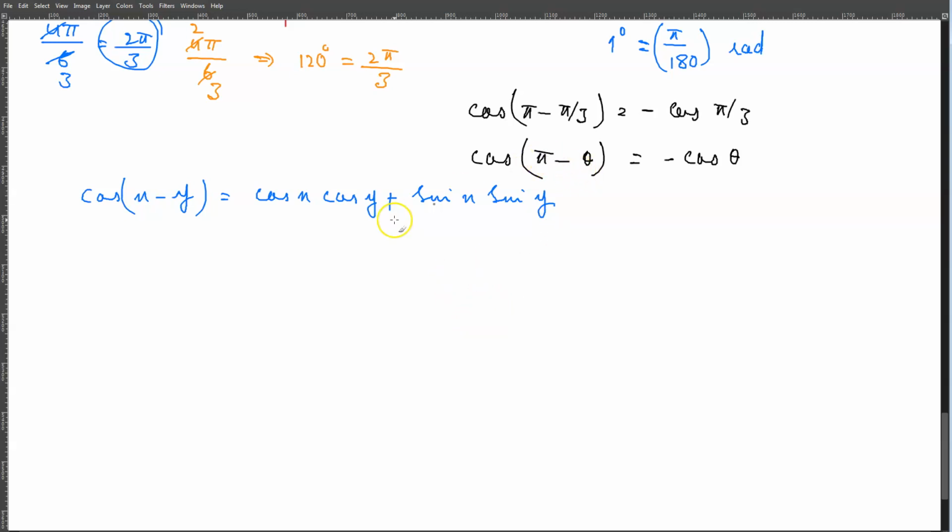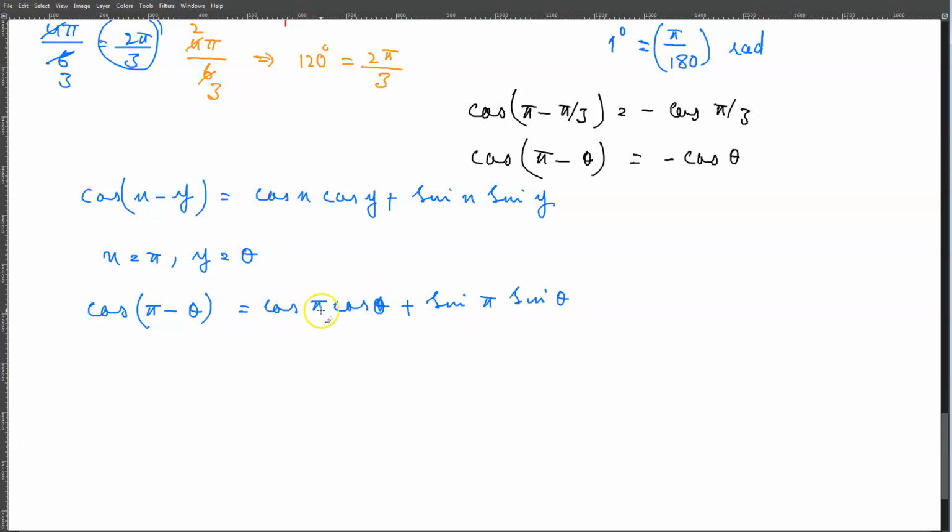So now if I set x equal to pi and y equal to theta, then I will have cos of pi minus theta is equal to cos pi cos theta plus sin pi sin theta.